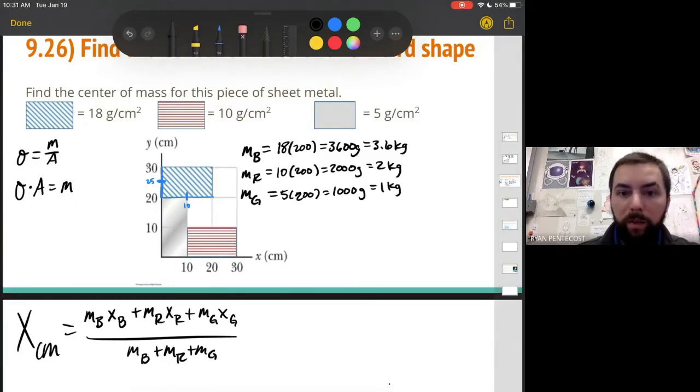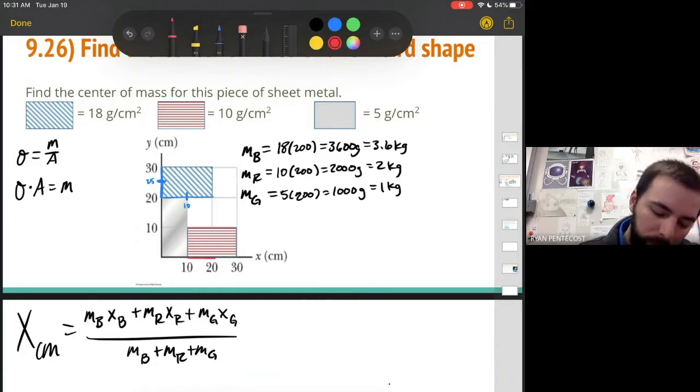Okay, so we've got the masses. Now we need the middle points. If we look at the red, from 10 to 30, your midpoint would be 20. From 0 to 10, your midpoint would be 5. So let's write these all out. x of blue, the midpoint is 10, like we have here. The y of blue, the midpoint would be 25. These are all relative to this origin right here.